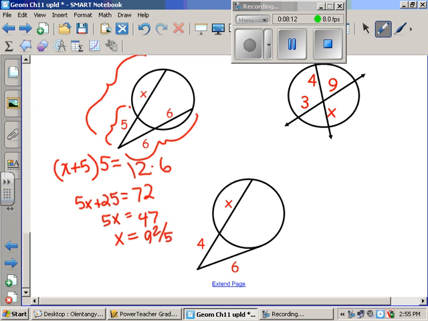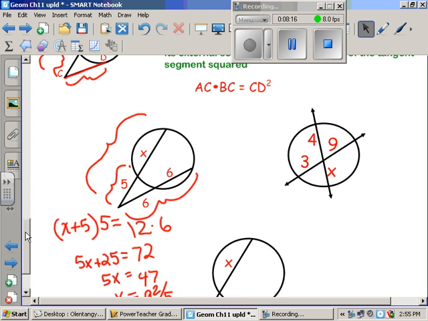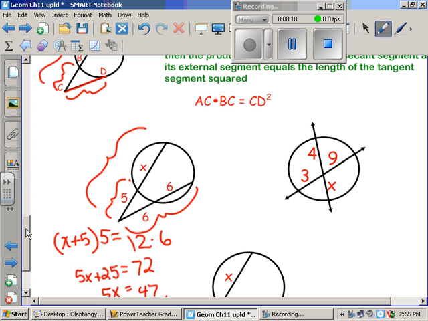Okay, that's secant. Now, for the chord over here, we know that the product of the two pieces of one chord equals the product of the two pieces of the other chord. So 4 times x is equal to 3 times 9. So 4x equals 27. So x equals 7 1/4.